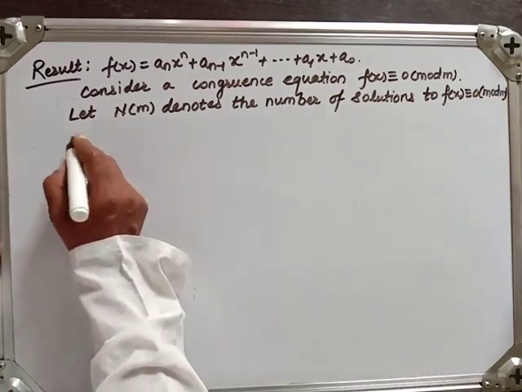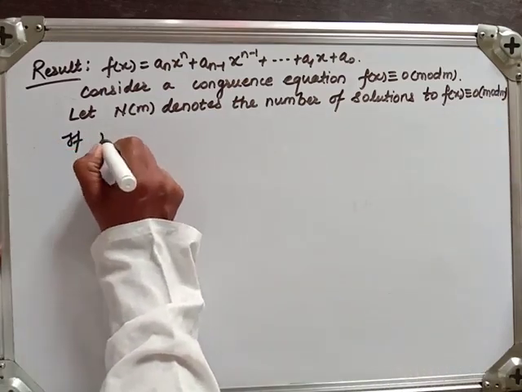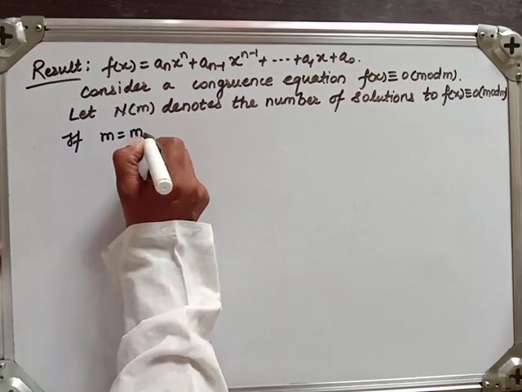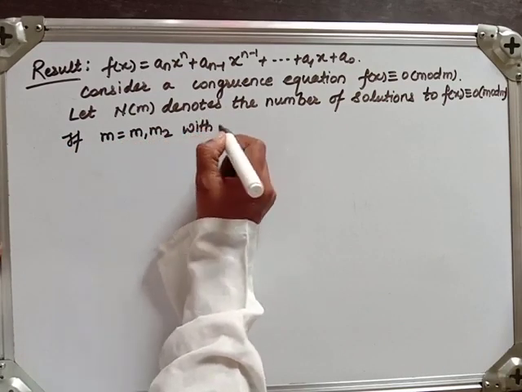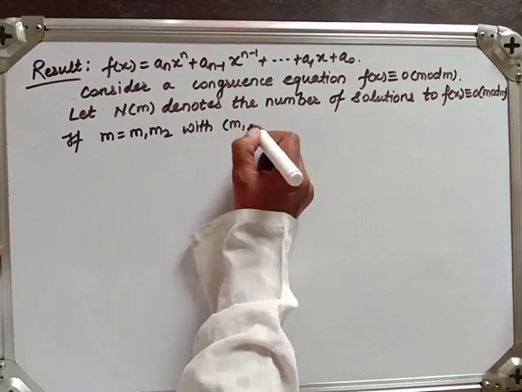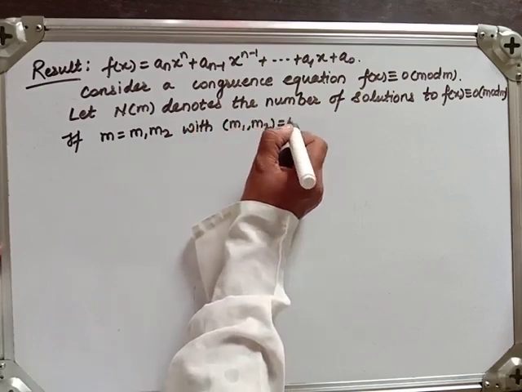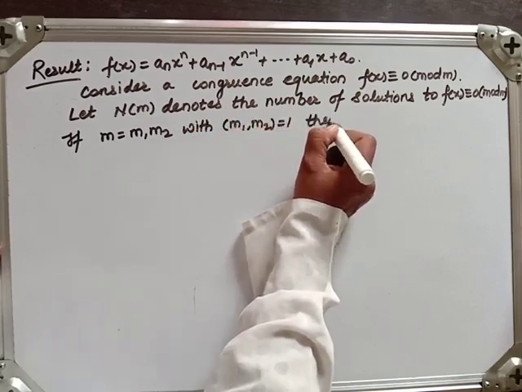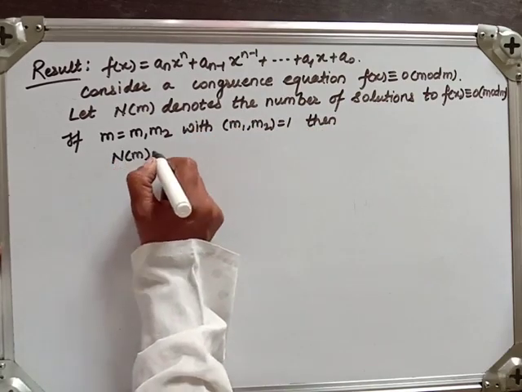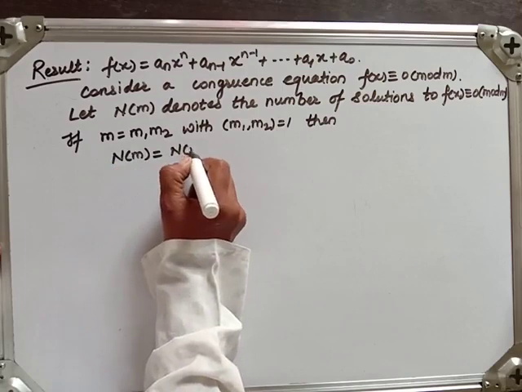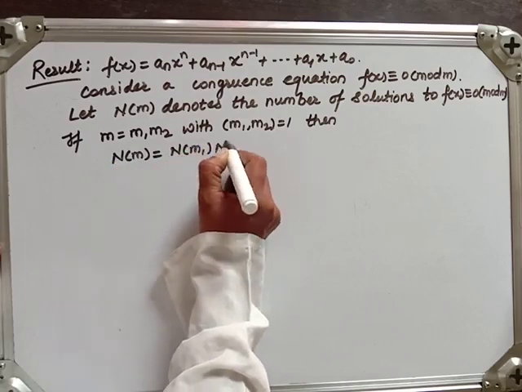If m is equal to m1 into m2 with m1 and m2 relatively prime, then n of m is the same as n of m1 into n of m2.